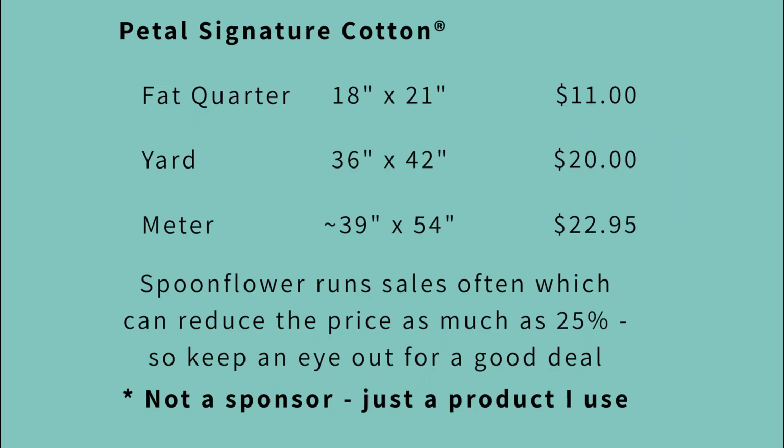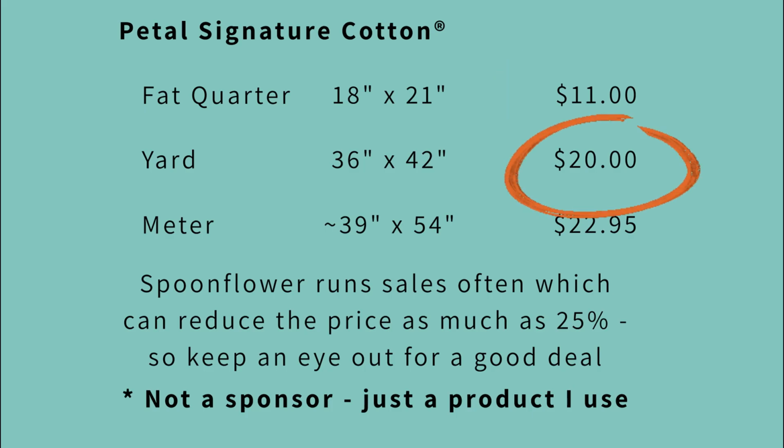Now let's talk about fabric size options and current pricing, because knowing how much space you have to design is key before you open Canva. Now, for Petal Signature Cotton, which is the fabric choice that I use for quilting, you can see their fat quarter pricing is at full price $11 and their yard is $20.